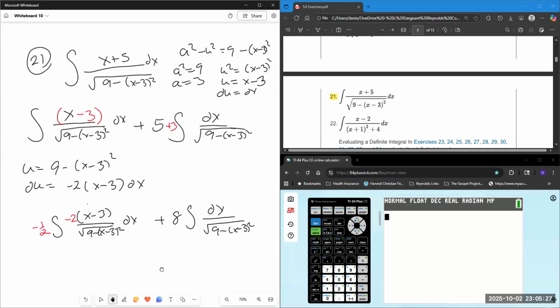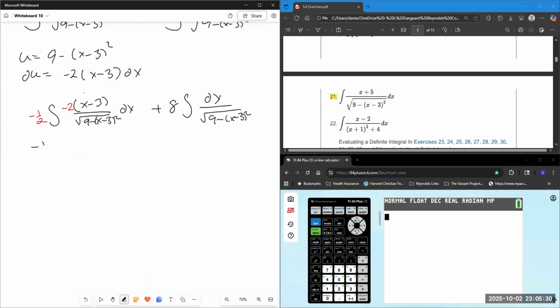So let's write these forms: negative 1/2 integral of u to the negative 1/2 du, plus 8 over 3 arc sine, because it's 1 over a and a is 3, arc sine of u, which is (x minus 3) over 3, plus c.